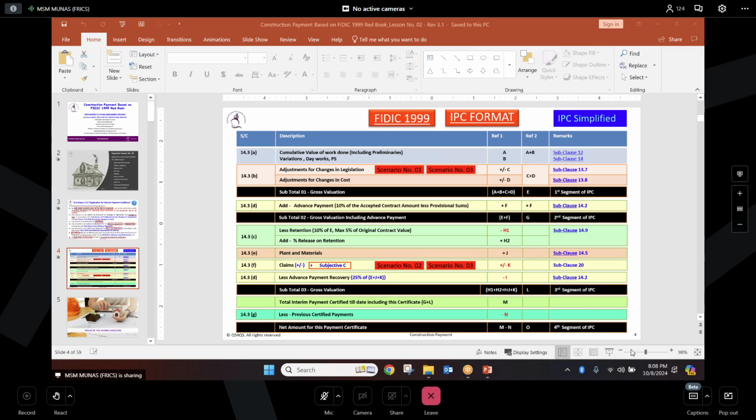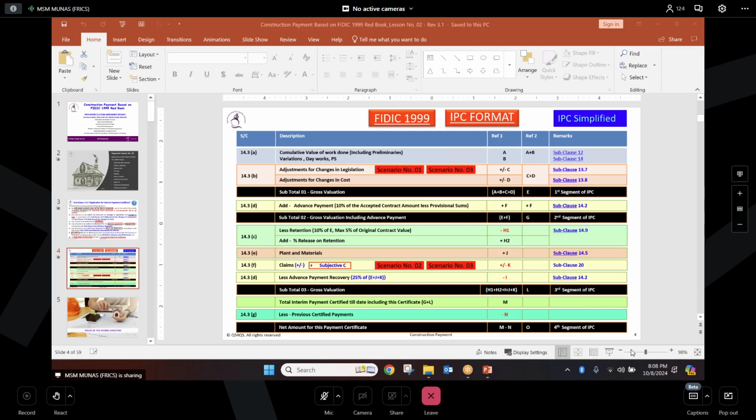That is what 14.1C says: it is an indicative quantity. It very clearly says it is just rough quantities.